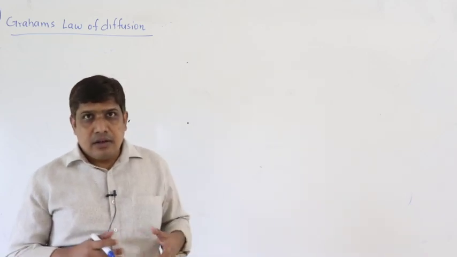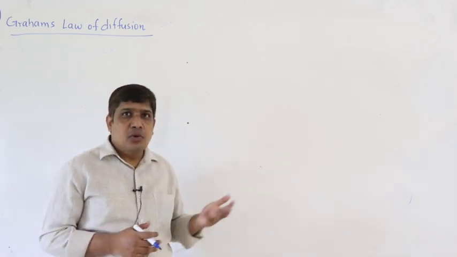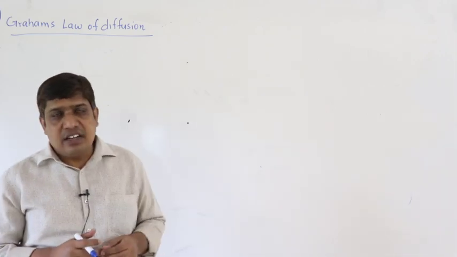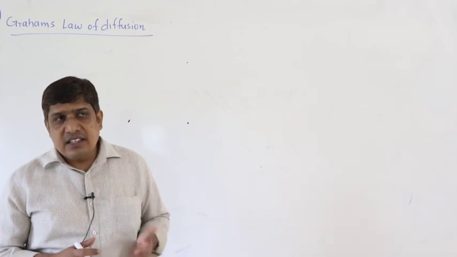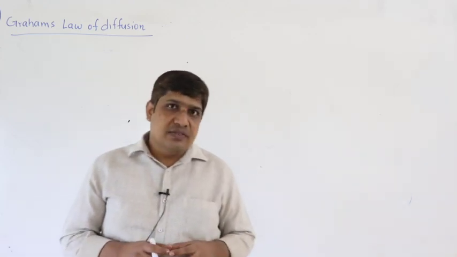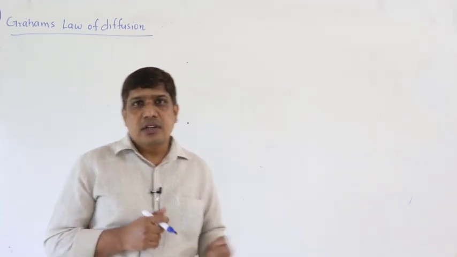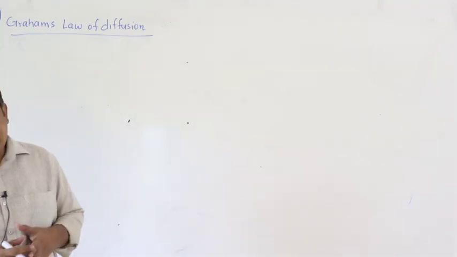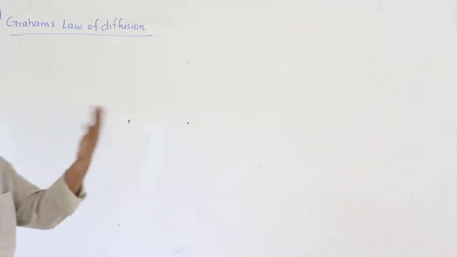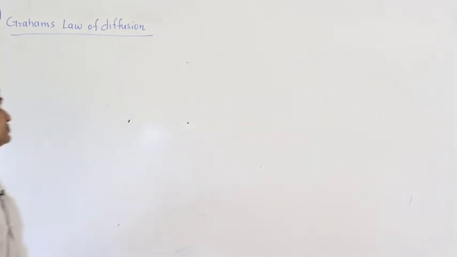When the gas comes out from high pressure to low pressure through a nozzle of the cylinder, we call it effusion. So the gas that is coming out spontaneously intermixes with atmospheric air, which we call diffusion, the spontaneous intermixing of gases. So effusion followed by diffusion.